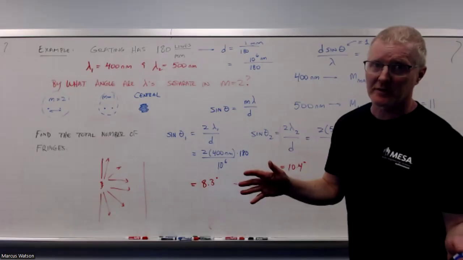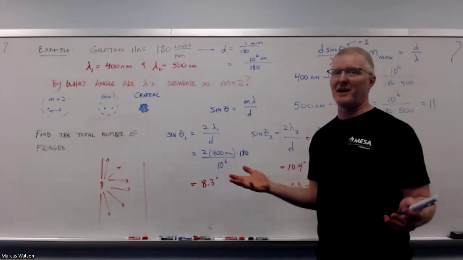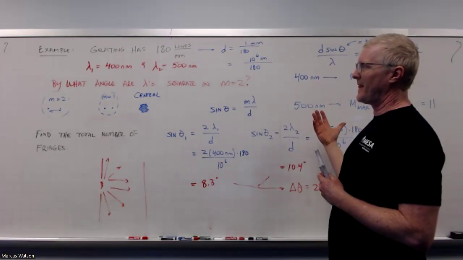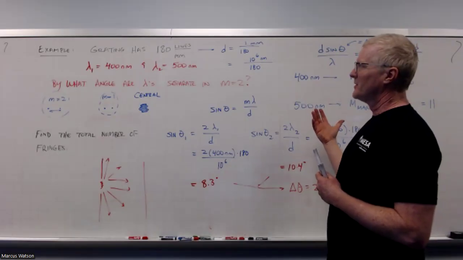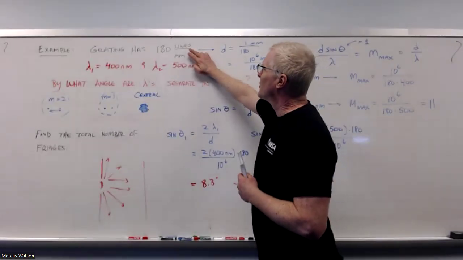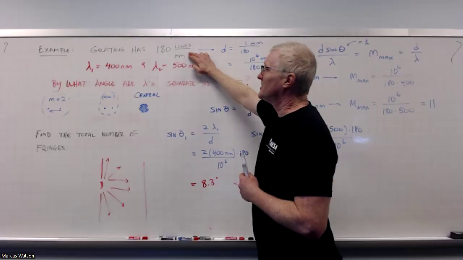Now, I told you before that it's generally less than 5. First of all, this is 180 lines per millimeter. Well, that's actually not too many. Then we just had, what do we have?